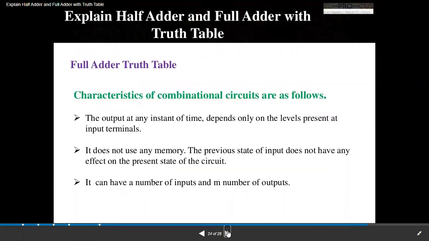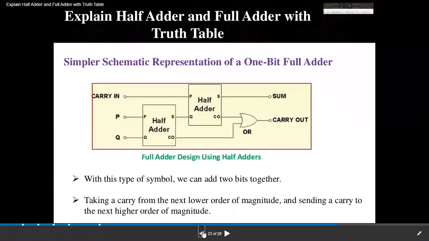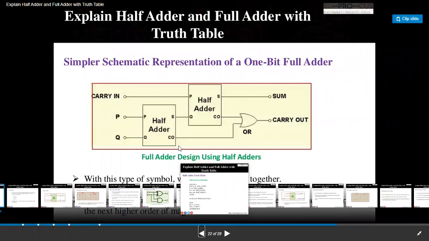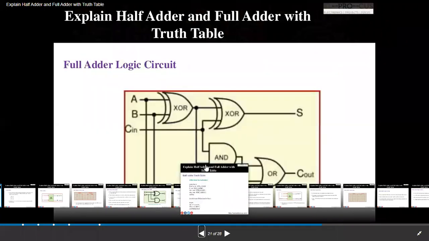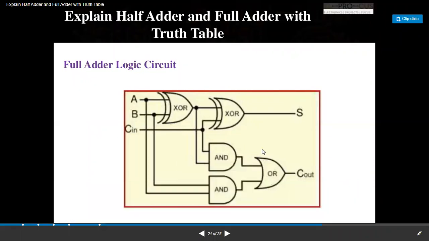For the full adder truth table, the output at any instant of time depends only on the levels present at its inputs. It does not use any memory. The previous state of the input does not matter, since we normally use gates to design the circuit, and gates do not require memory for storing.